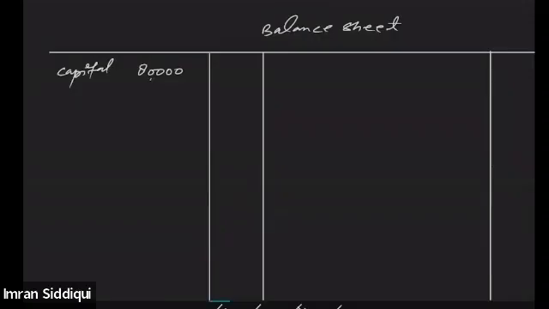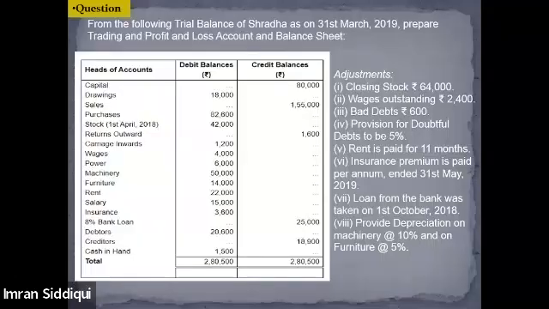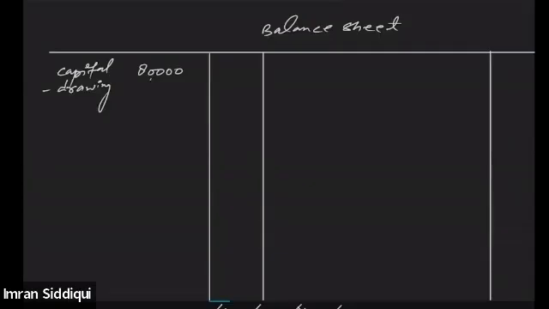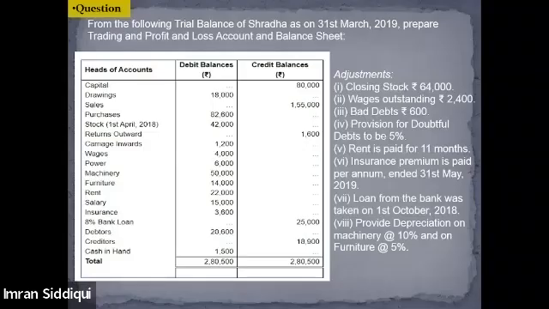Then drawings. Drawings are subtracted. Drawings will be 18,000. Then we'll add the net profit in it. Net profit is not available as of now, so we'll have to prepare the profit and loss account for that.